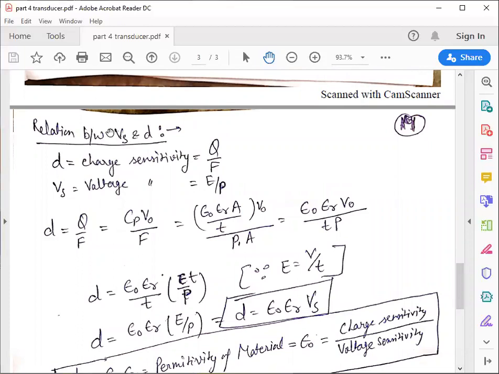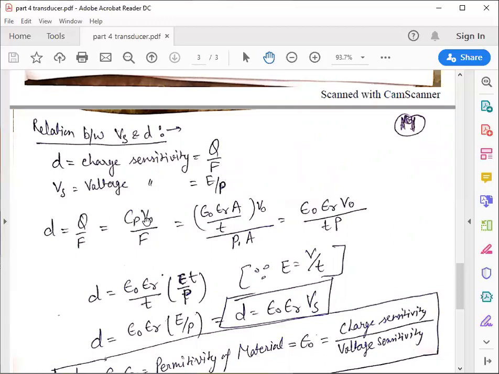Here Vs is voltage sensitivity, D is charge sensitivity. D is charge sensitivity which is equivalent to Q by F, and Vs is voltage sensitivity which is equal to E by P. We know that D is equal to Q by F and Q is Cp into V naught. From the basic relations, we know that in any capacitance Q is equal to CV, and using this relation here C is equivalent to Cp and V is equivalent to V naught.